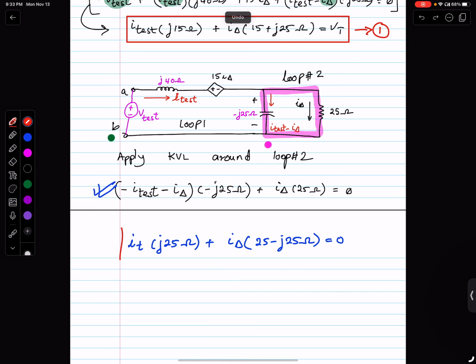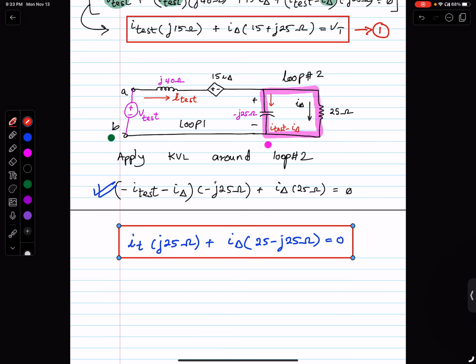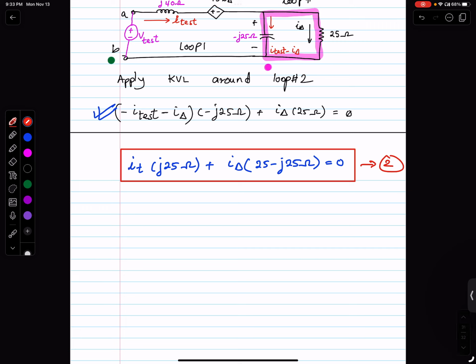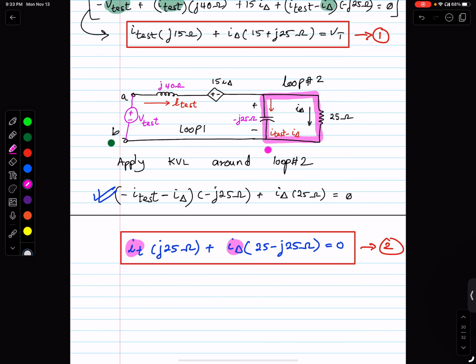So we are going to have to solve this using MATLAB. If you followed the MATLAB in the previous chapters, you should be able to set this up. And then there is an example problem on how to solve complex numbers. Now let's take stock actually. I test is unknown, I delta is unknown.